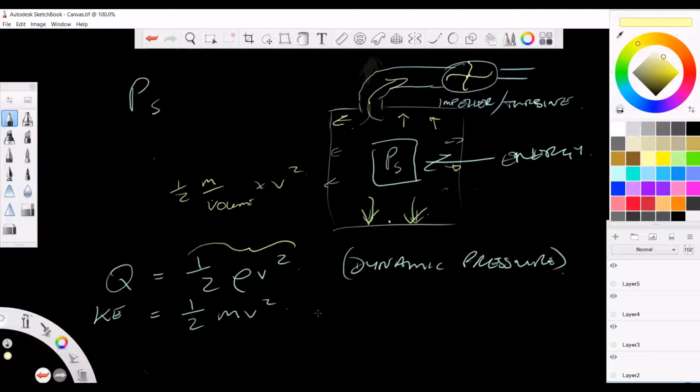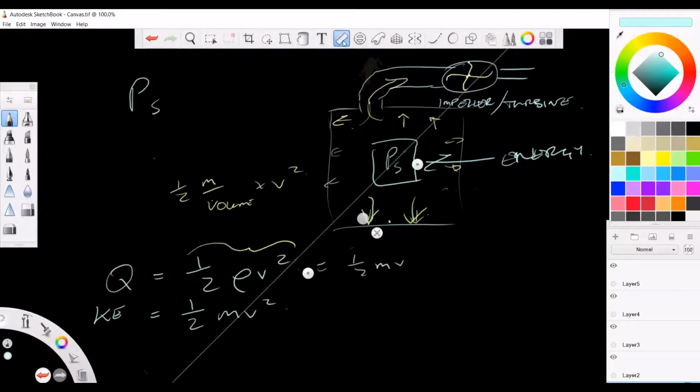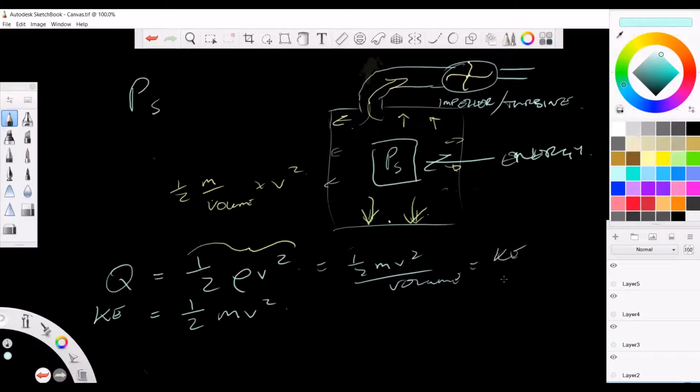So this is half mv squared divided by volume, which is energy density. So it's kinetic energy per cubic meter, for example, if you use SI units.